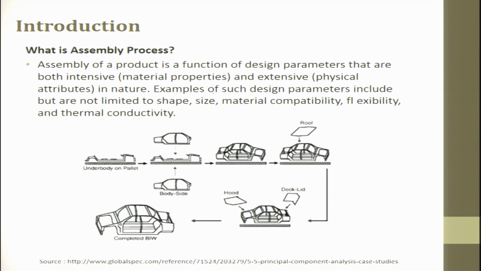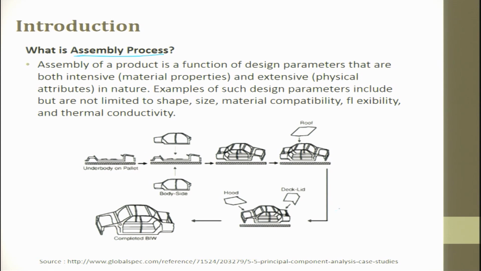Examples of such design parameters include, but are not limited to, shape, size, material compatibility, flexibility and thermal conductivity. This is the definition or the meaning for assembly process. Assembly of a product is a function of design parameters that are both intensive and extensive in nature.